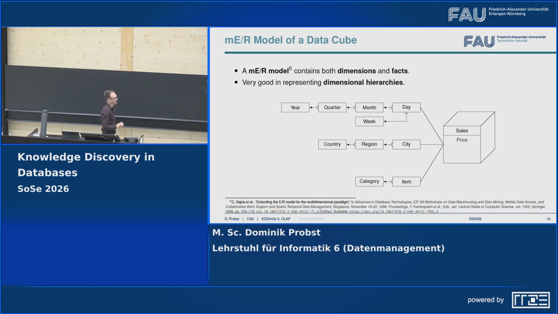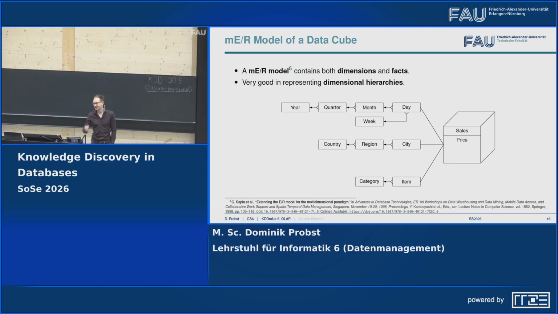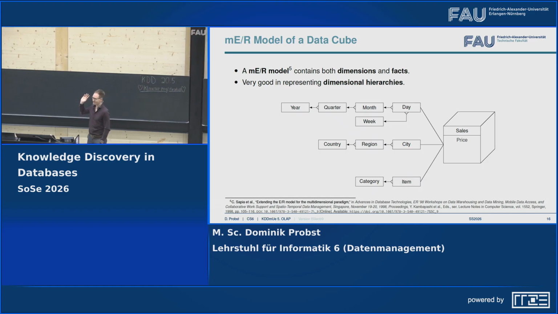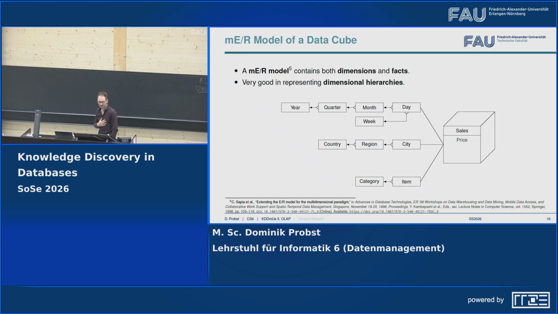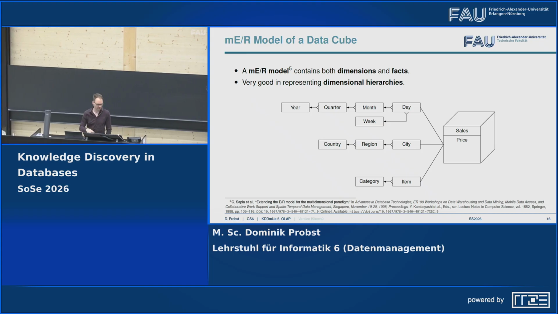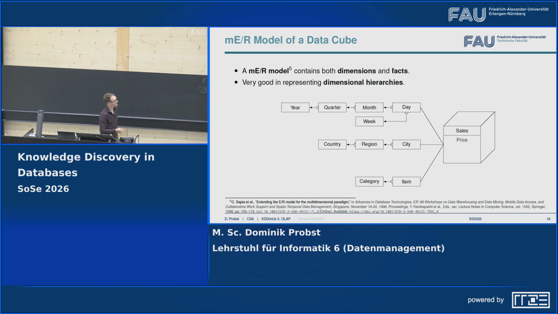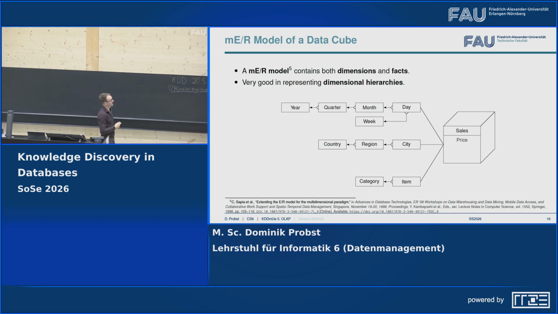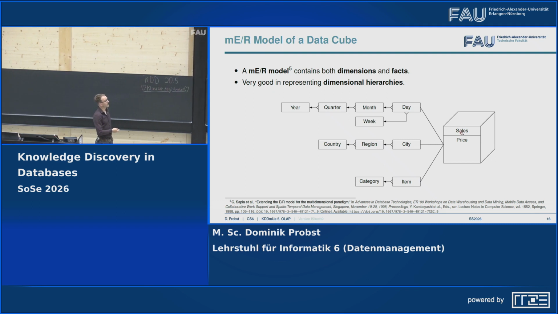For the ones of you who already know about the entity relationship model, this is not really the same as an ER model, but it's something that is very often used. In a multidimensional entity relationship model, we first give our database, our data warehouse, a name. In this case, the name would be sales.